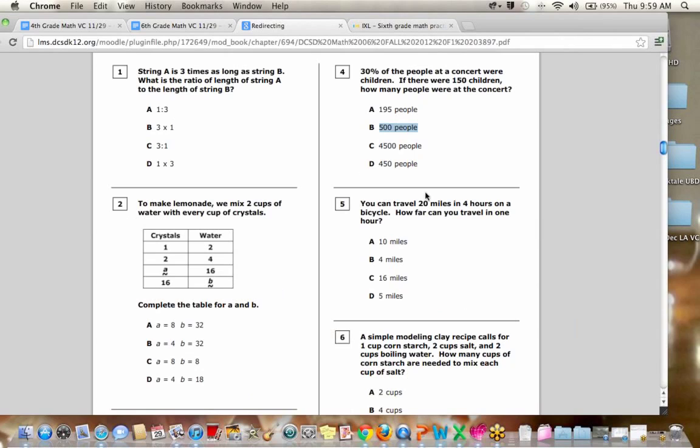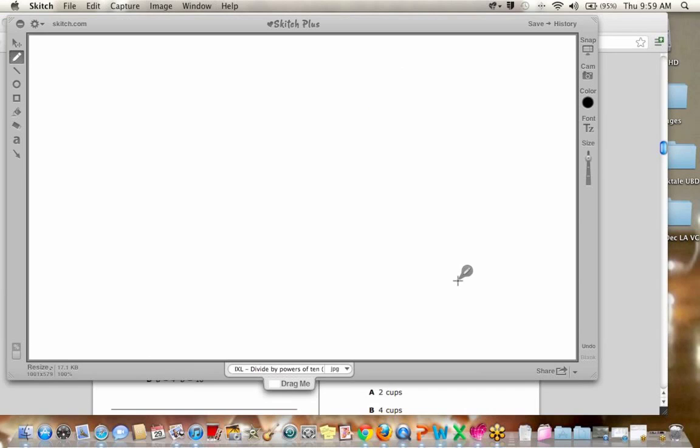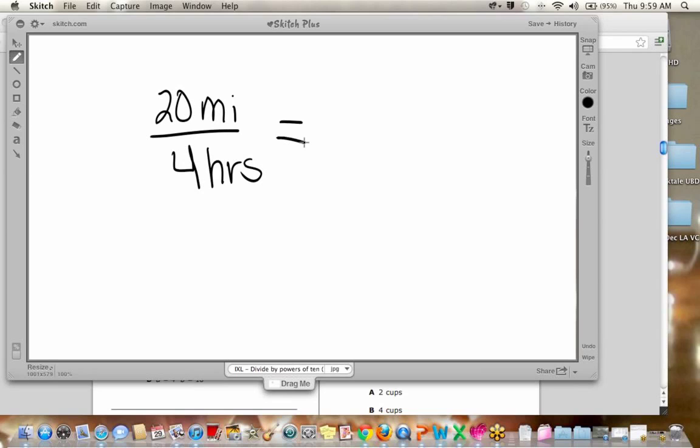We're on number 5. You can travel 20 miles in 4 hours on a bicycle. How far can you travel in 1 hour? So you're going to need to come and write it out as a new ratio. What do you know? You know that you can go 20 miles per 4 hours. What you want to know is how many miles you can go in only 1 hour.